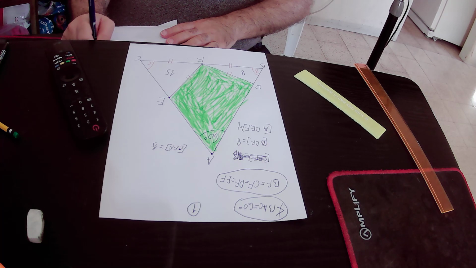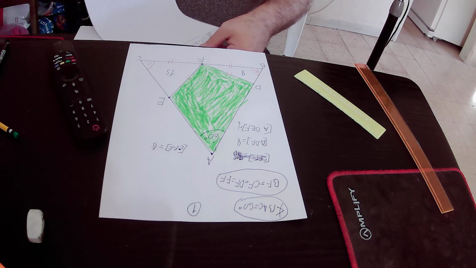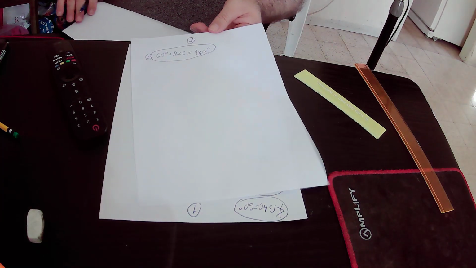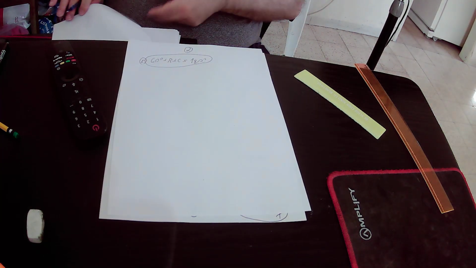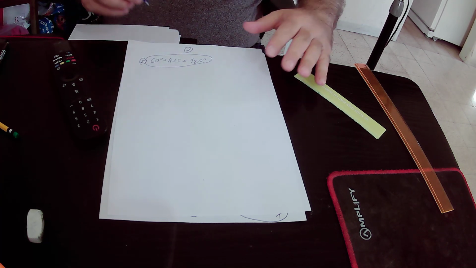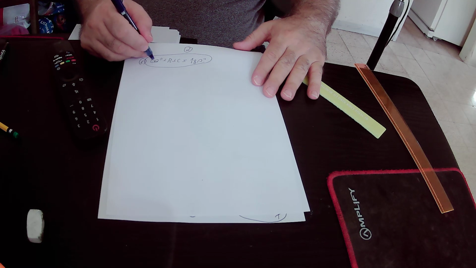Okay, so we have equation number 1 that says that the sum of the angles in the big triangle ABC equals 180 degrees.